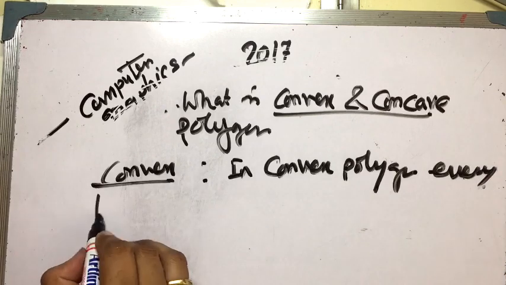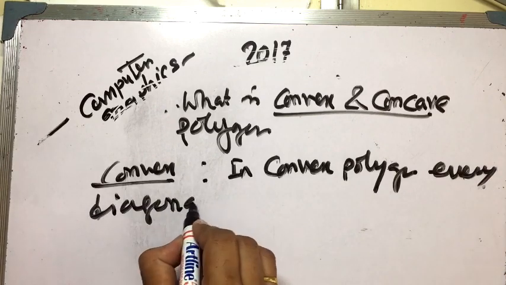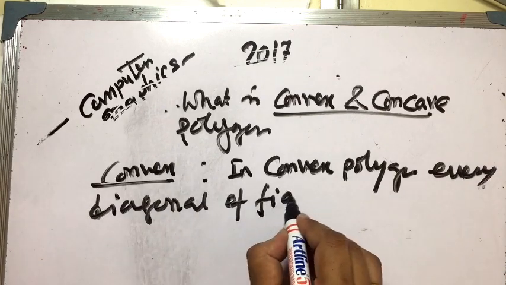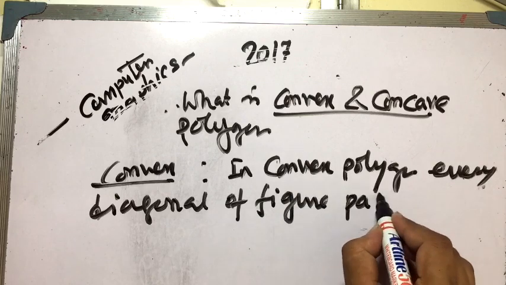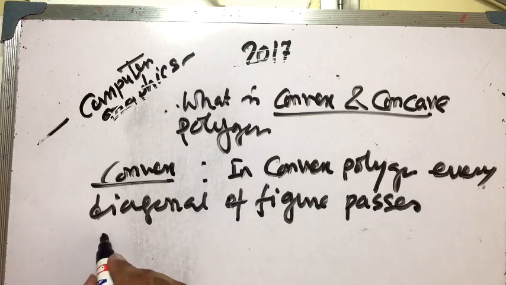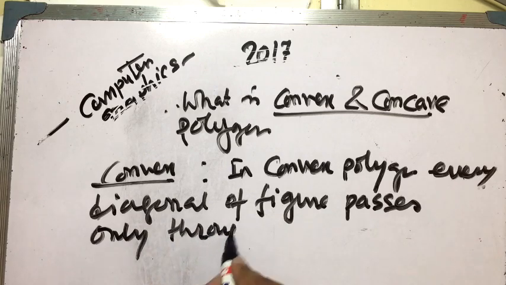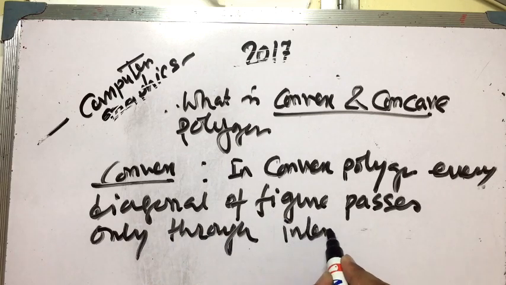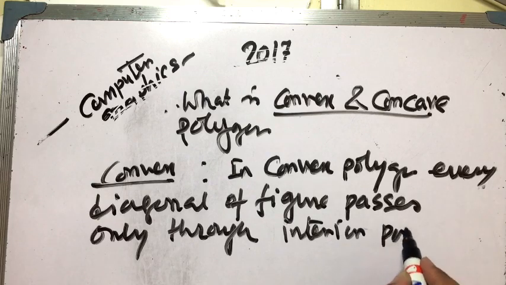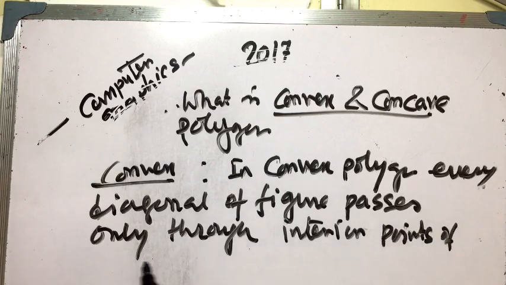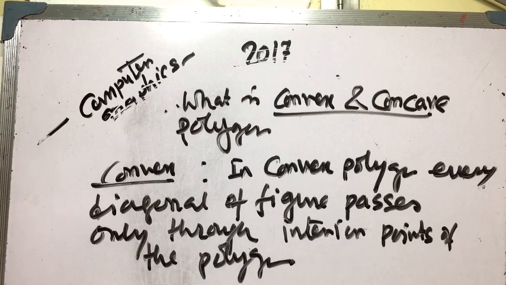In a convex polygon, every diagonal of the figure passes only through interior points of the polygon.